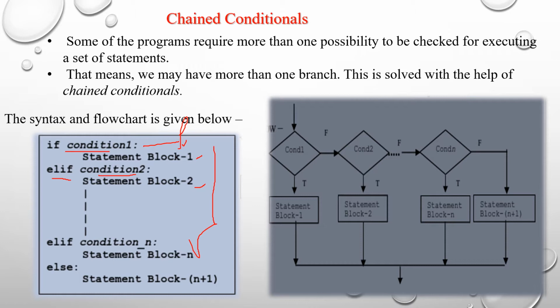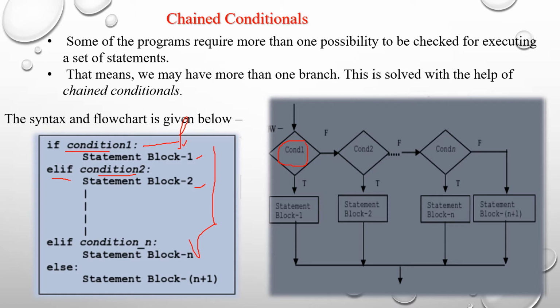So this is the condition 1. If condition 1 is true, statement 1 is going to be executed. If condition 1 is false, condition 2 is going to be checked.